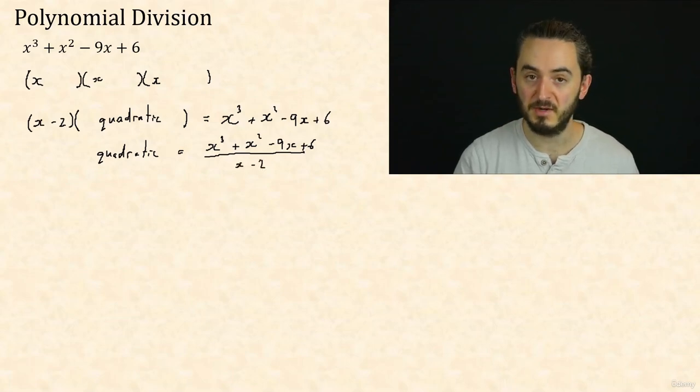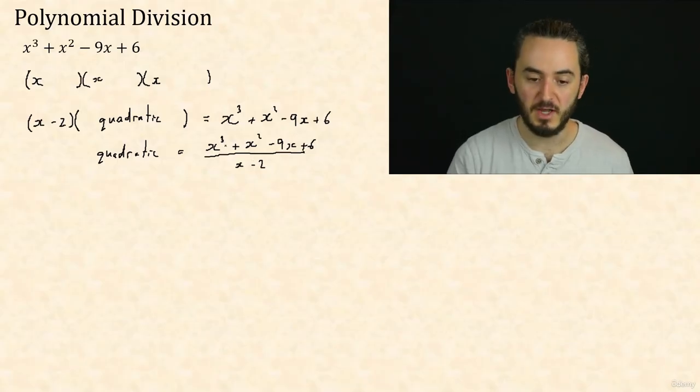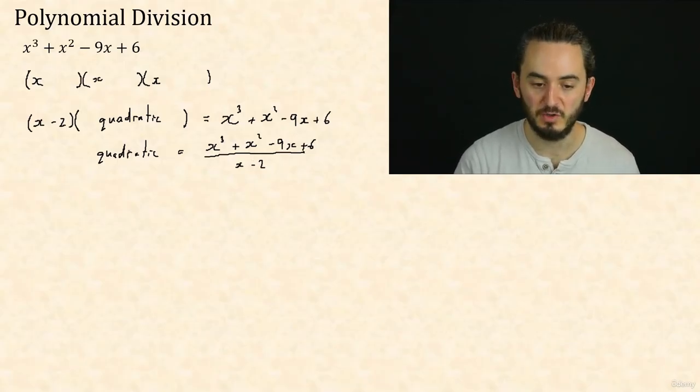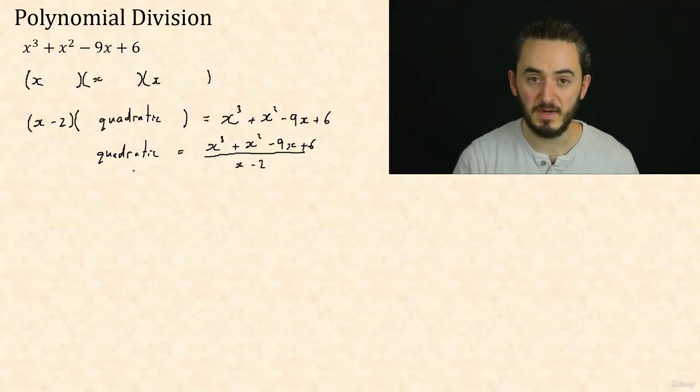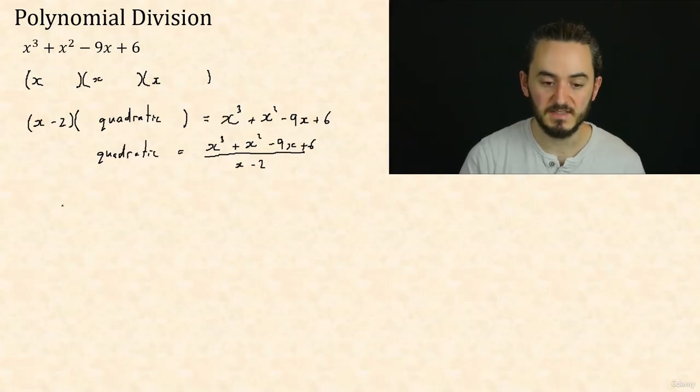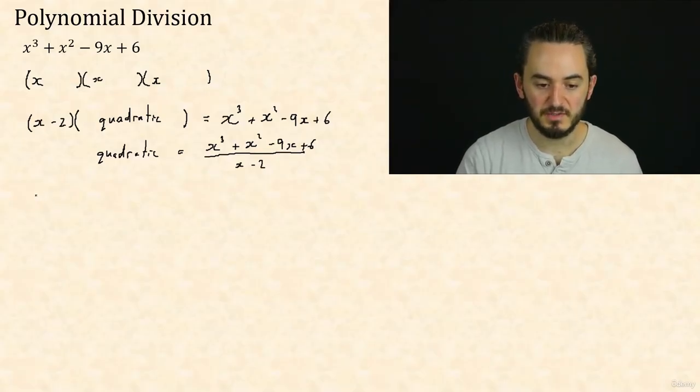So the process that I'm going to show you is this division here. How do we actually divide this cubic equation by this linear term in order to figure out this quadratic? All right, now there are 2 great methods for doing this. One of them is the standard method you'll see in a textbook, and that's sometimes called long division.